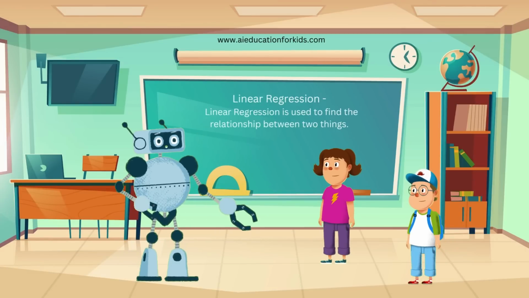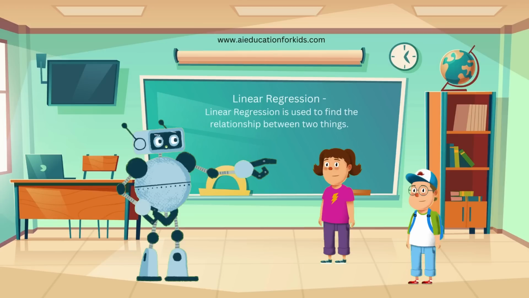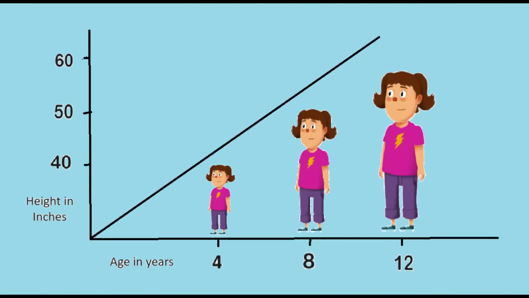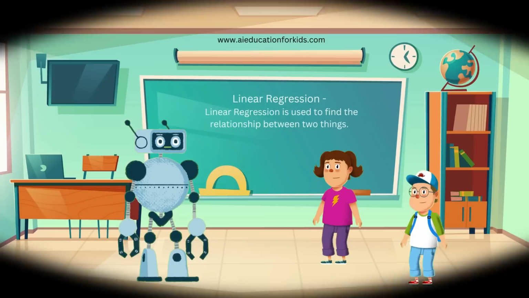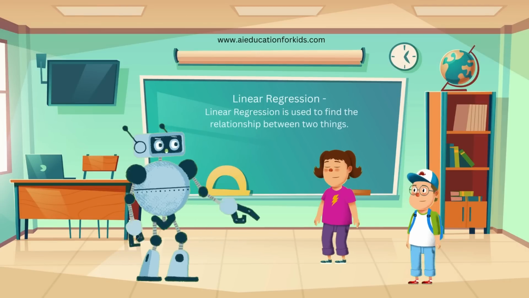Now, let's talk about linear regression. Linear regression is used to find the relationship between two things. Imagine you want to know how your height changes as you grow older. We plot your age and height on a graph and draw a line that best fits the points. So the line shows how height changes with age? Yes, Jenny.